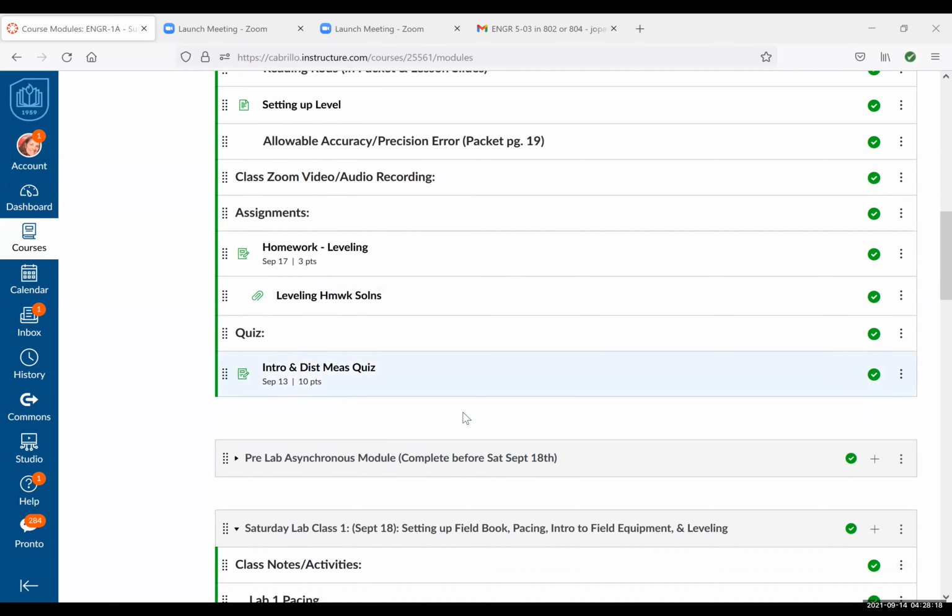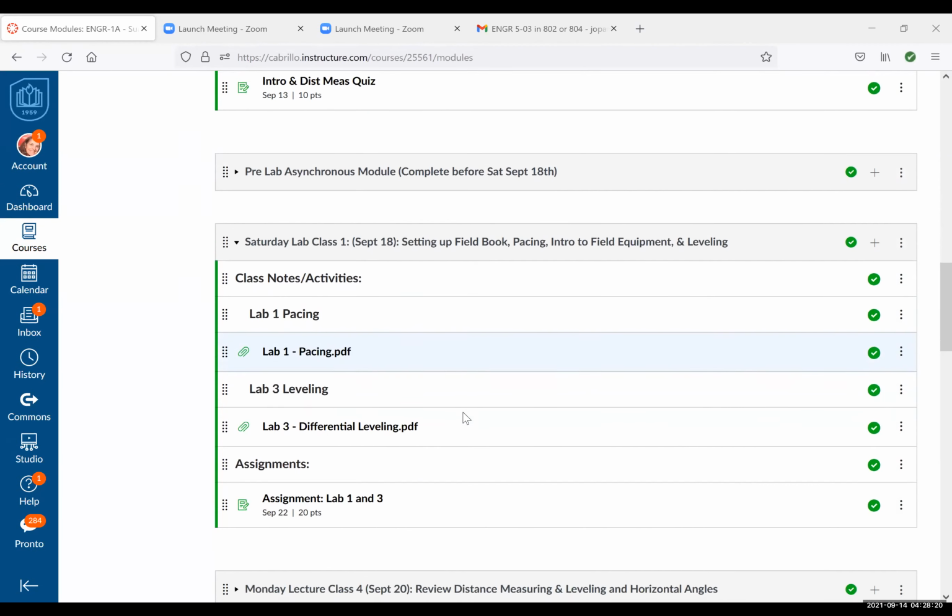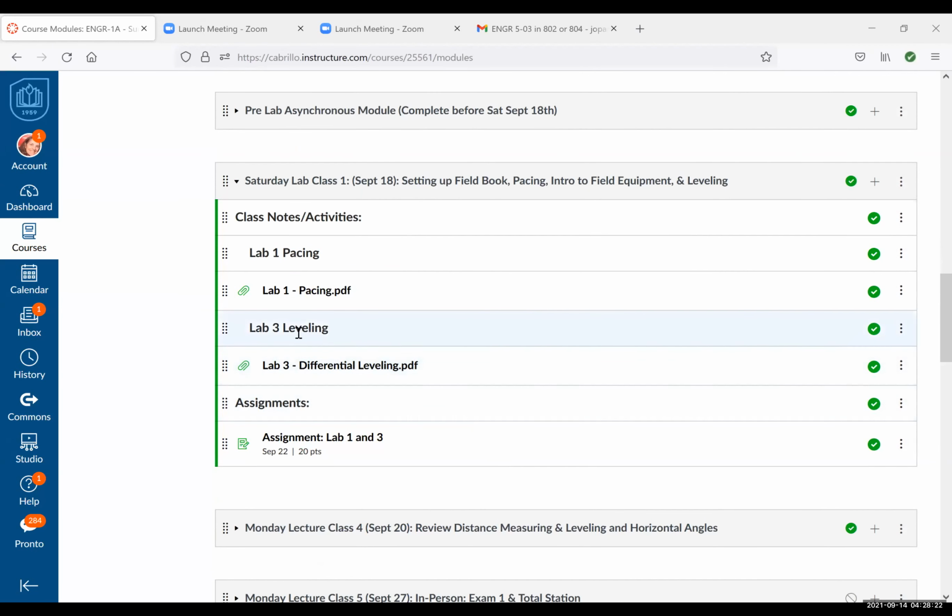And let's go back to sharing my screen. And I'm going down to the differential leveling per lab. And let's open it up.